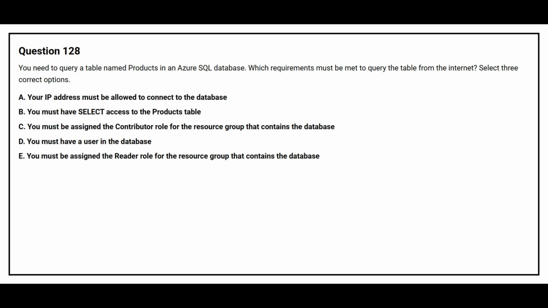Option B. You must have select access to the products table. Option C. You must be assigned the contributor role for the resource group that contains the database. Option D. You must have a user in the database. Option E. You must be assigned the reader role for the resource group that contains the database.